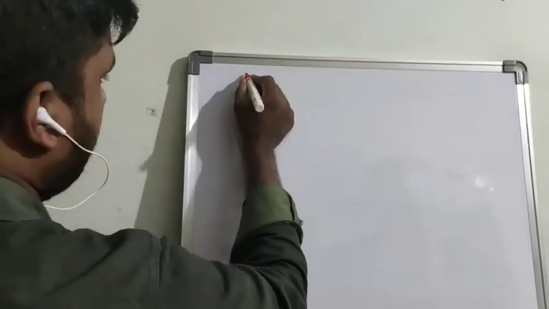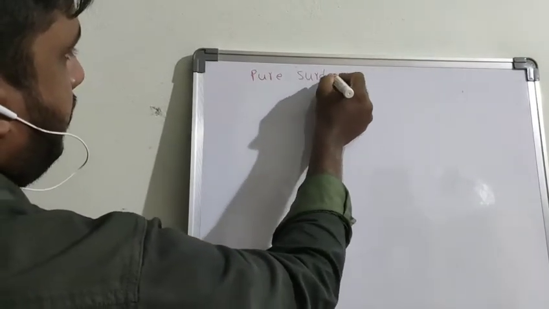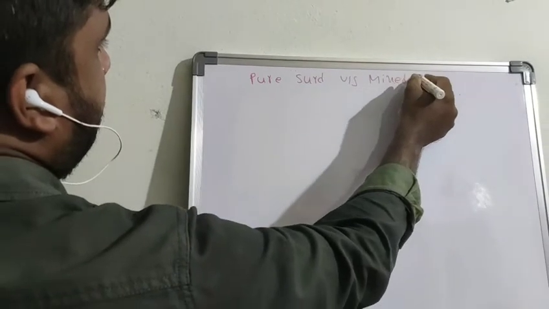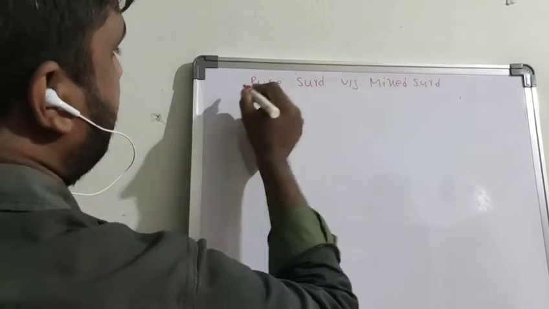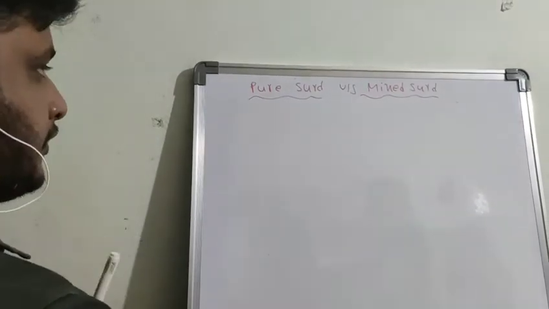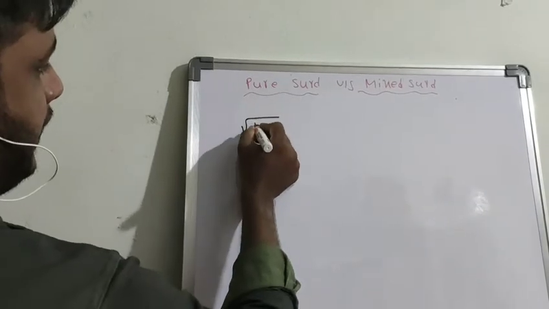So now, pure surd versus mixed surd. First of all, what is the meaning of pure surd and what is the meaning of mixed surd? Pure surd means root 18 is a pure surd.